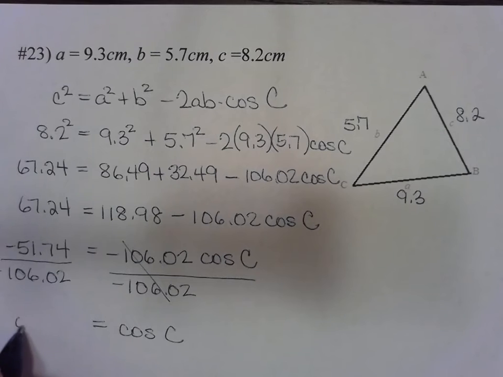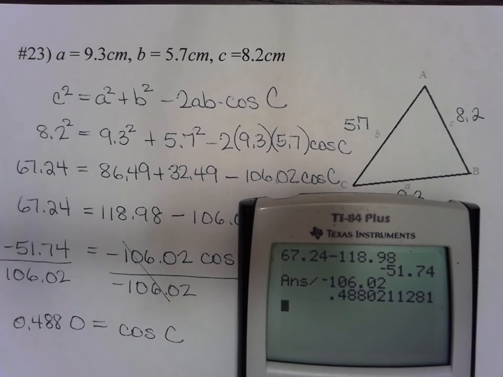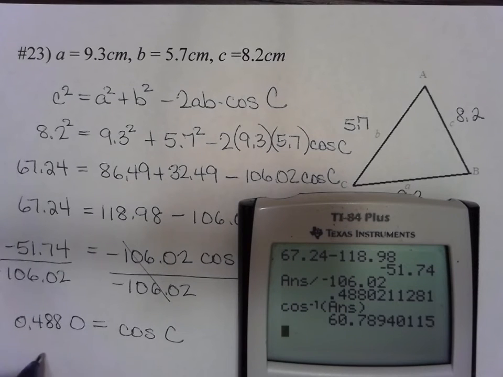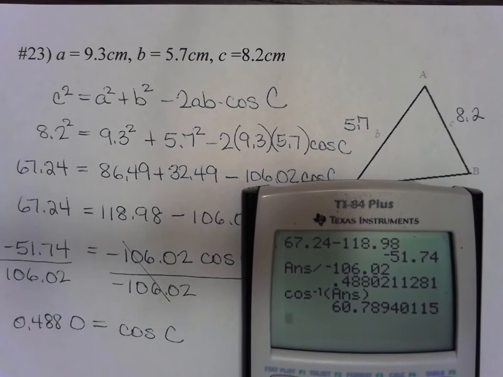That's going to give me 0.4880. Okay, so now I could do the inverse cosine. That's going to give me 60.7 degrees. This time we're doing 2 significant digits, it looks like. So I'm going to go with 61.